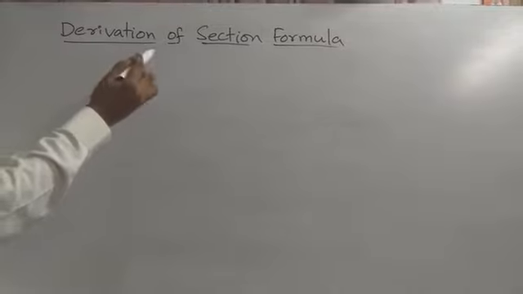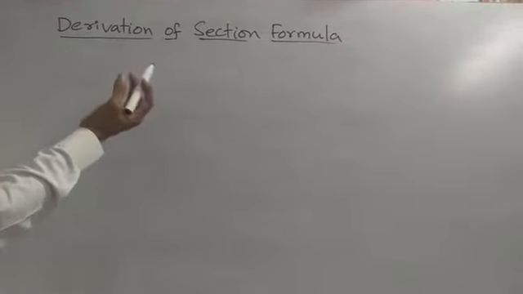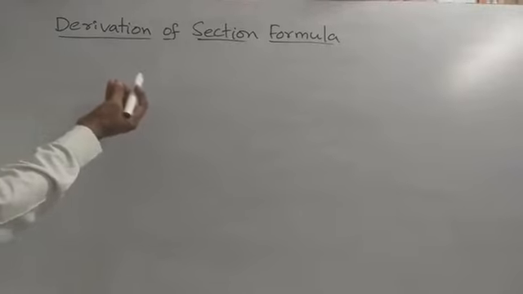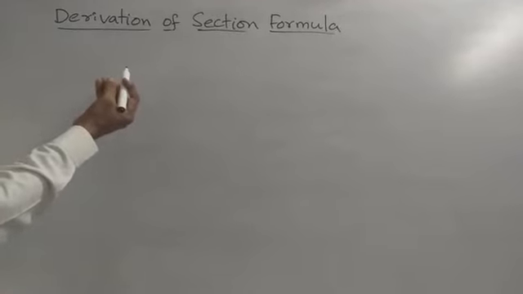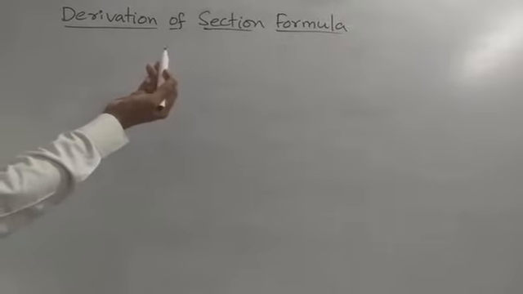Here, section means dividing a given thing into parts. For example, if a class of 100 students is divided into 3 parts, those 3 are called 3 sections.